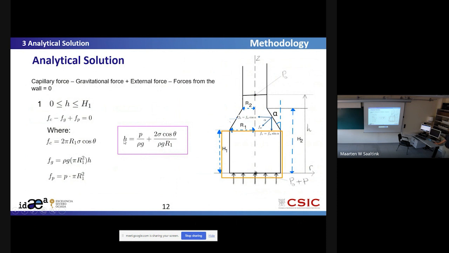The way that we do it is by force balance. It's very simple. Capillary force acts upward, so we consider it positive. The gravitational force of the fluid, dragging it downward, will be negative. The external force, because we are applying pressure at the inlet, will be positive. And then we subtract the forces from the walls.